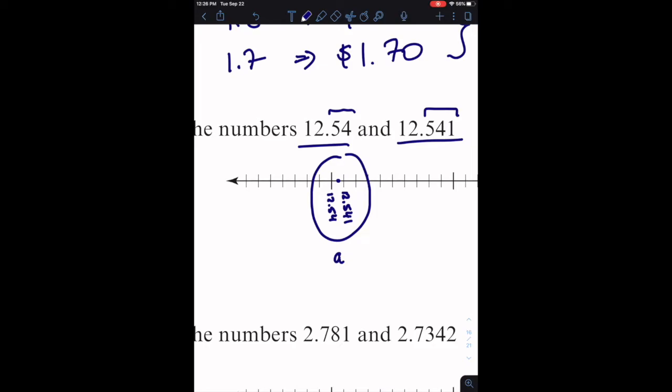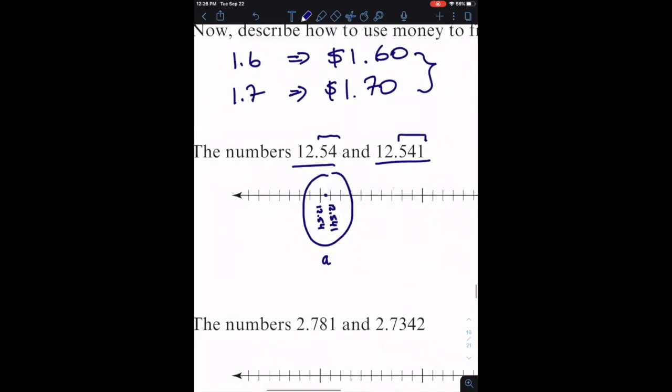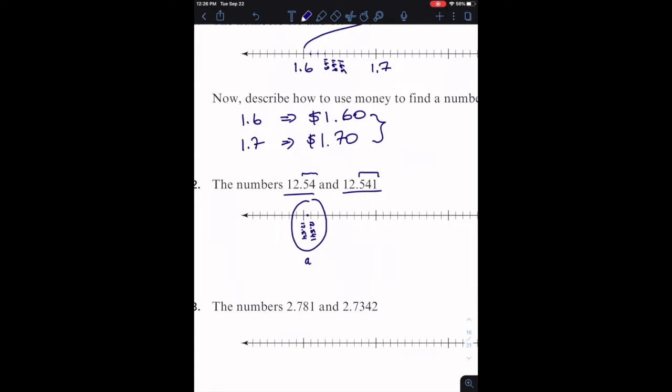But there's another way to think about this. What if we wrote these two numbers and interpreted them both as thousandths? So wouldn't it be possible to say that this is going to be 12.540, and the second number would be 12.541?